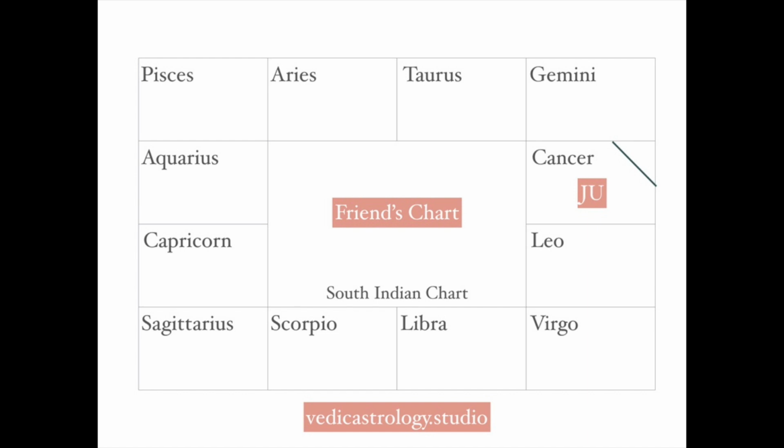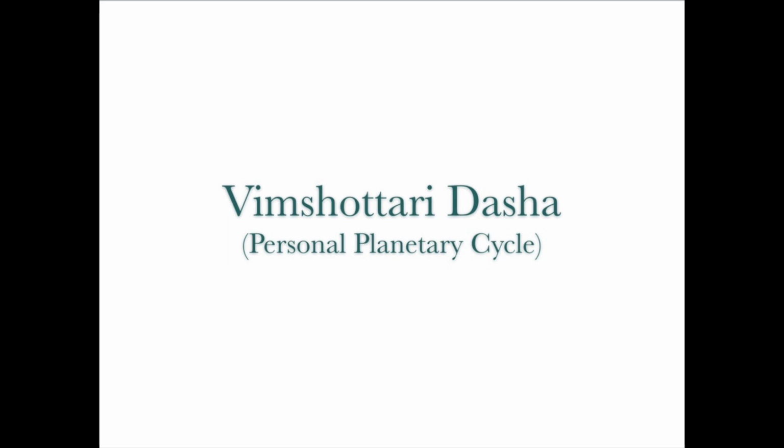So let's say they're running the Jupiter dasha, shown right here, Vimshottari dasha. You want to know where Jupiter is in the chart and what it is aspecting, because those are the things that are going to be influential in your friend's chart during the 16 years of Jupiter.